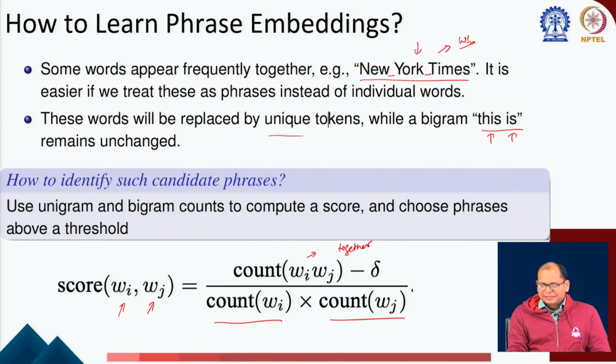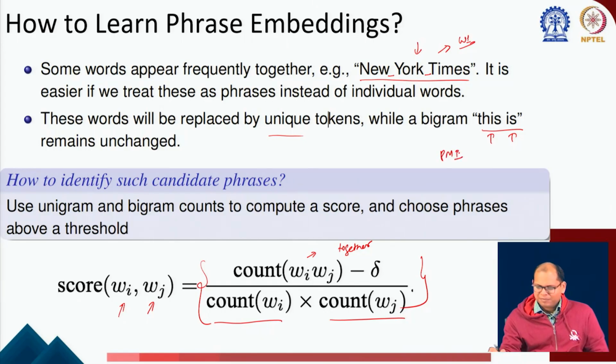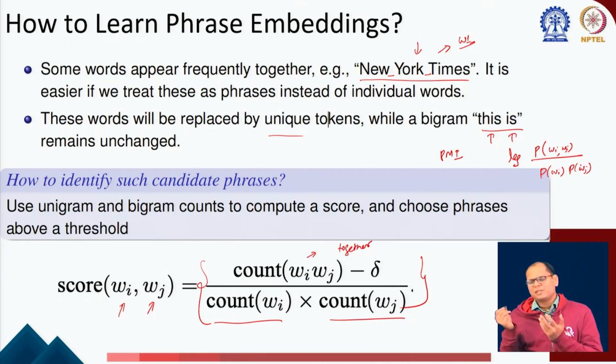If they are occurring a lot together, this would be a high quantity, and that's why I typically use this particular measure. You can compare it with the PMI measure, which is the log of the probability of word i and word j occurring together divided by the probability of wi times the probability of wj. That is, if they were independent events, what would have been their probability? This is if they were associated.